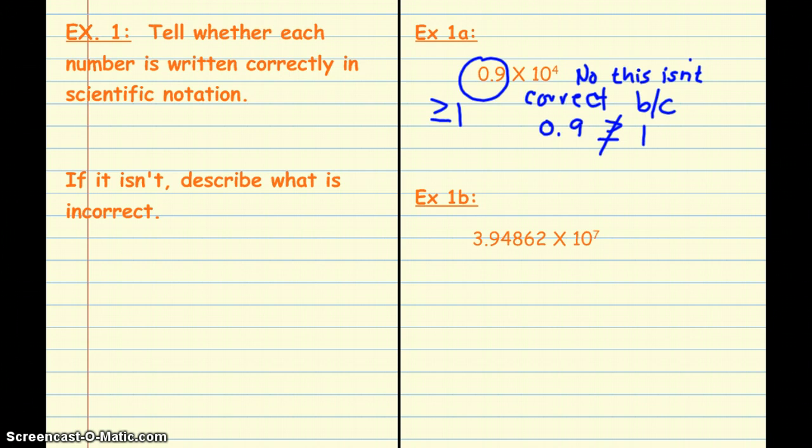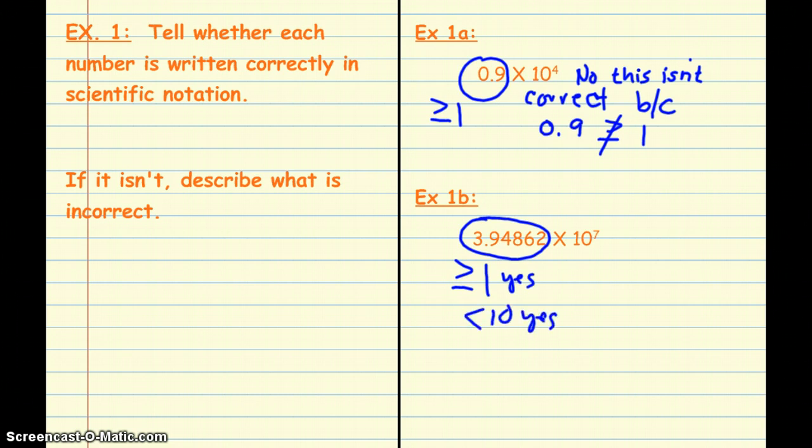So let's take a look at the second example. We have 3.94862 times 10 to the 7th. And we do the same thing. The first thing we ask ourselves, is this first number greater than or equal to 1? Well, yes, 3.9 is greater than or equal to 1. Is it less than 10? Yes, it is.